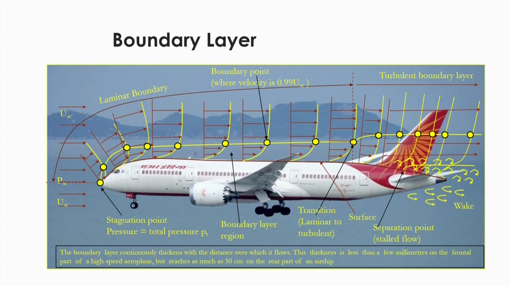The yellow line shows the boundary. At these points, the velocity from the surface of the aeroplane reaches about 99% of the free stream velocity of the air.